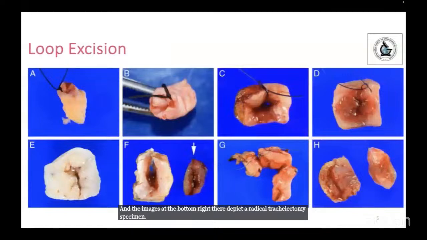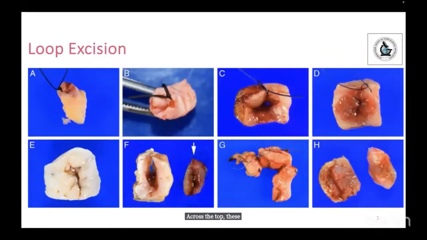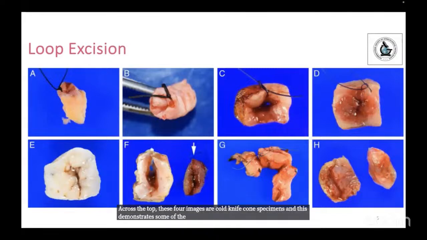So the cervix is a conical structure, but the shape and size of the excisions do vary widely. Across the top, these 4 images are cold knife cone specimens, and this demonstrates some of the variety of appearances. So image A is tapered toward the deep aspect, whereas B is uniformly long and cylindrical. And C and D are somewhat rectangular and square-shaped by comparison.